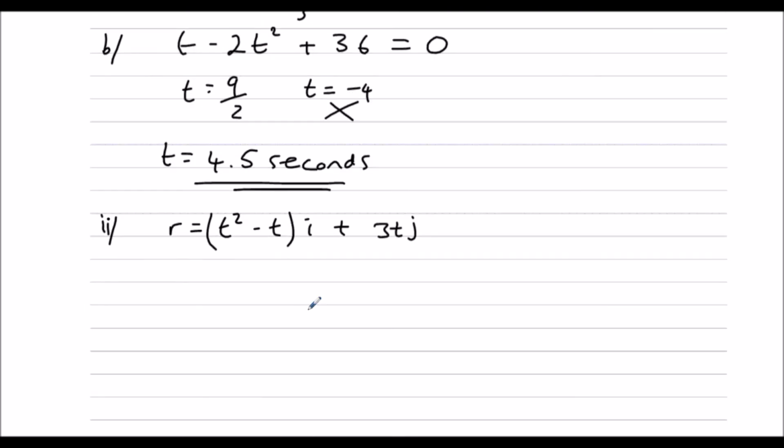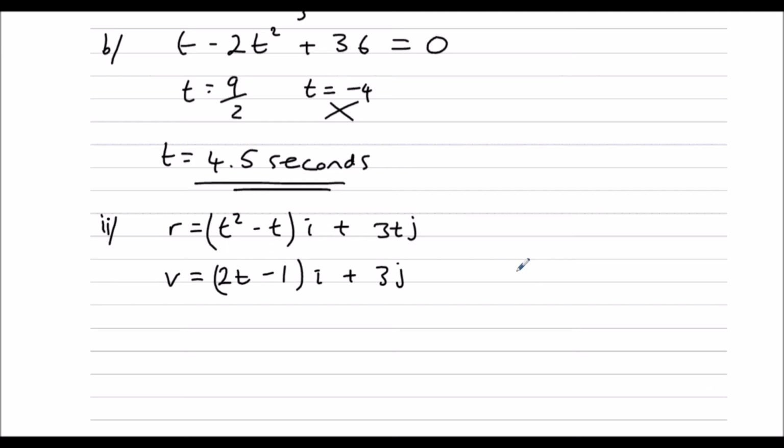So that's our displacement. We want velocity, so we're differentiating. So times by the power, take 1 off the power. So (2t - 1)i, and we've just got 3j. That's velocity. We don't want velocity, we want speed. So to go from velocity to speed, we don't want i's and j's, we just want how long the line is.